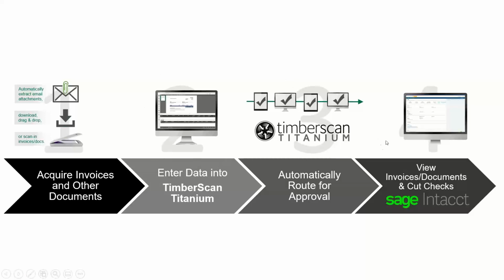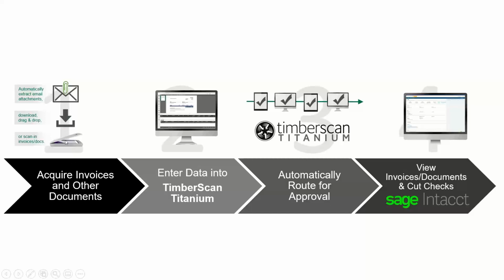Basically 4 steps, if you will, in this workflow process, but there's a lot that goes into this. So this is going to start at the point where an invoice arrives at your door. And regardless of how you receive that invoice to get it into TimberScan Titanium, we're going to talk about the different options for which you can go about doing this, and there are several.